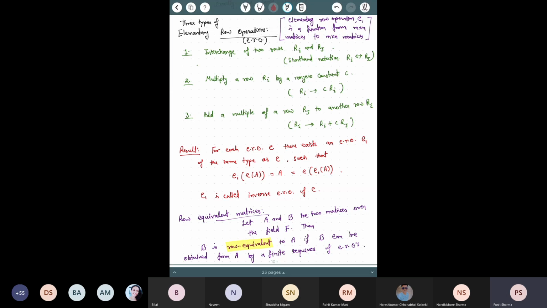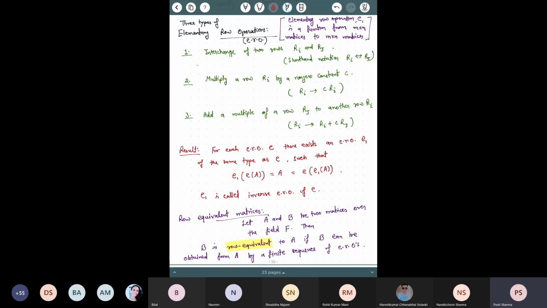E1 is of the same type as E, such that when I apply E1 on E of A, where A is the given matrix, E of A is the matrix obtained after applying the operation E on A, and then E1 of E of A is applying E1 on E of A, we then get the same matrix A, or if you apply in the other order, then also you get the same matrix A.